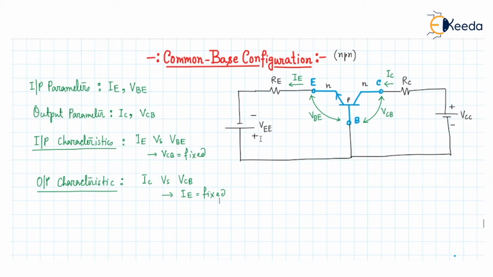For the input characteristics, we have to plot IE, that is the emitter current, the input current, against the input voltage, that is the VBE voltage, keeping the output voltage constant, that is the VCB.